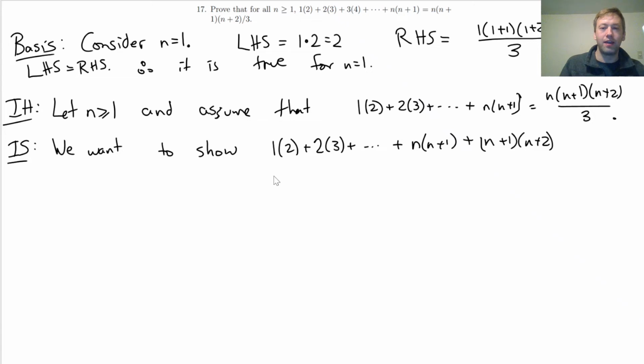This is the same thing as we have above, except with n+1 in the place of n, and we want to show this equals (n+1)(n+2)(n+3) over 3, which is what you would get by plugging in n+1 for n.